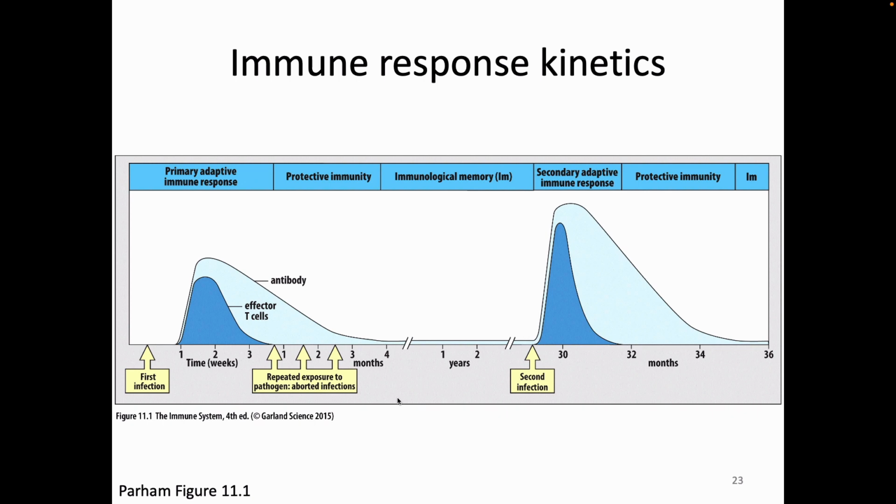You've got to actually wait a little while. You've got to have some time for those cells to change their quality so that they can make this nice response. And this response is mediated by a type of cell called a memory cell.